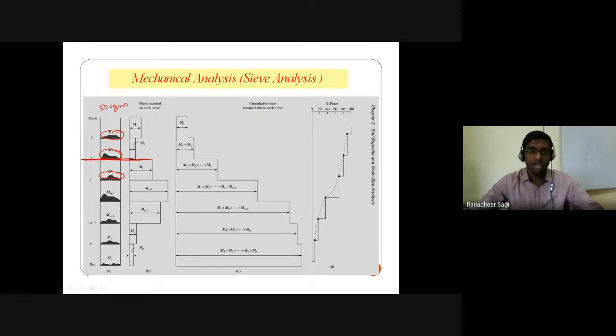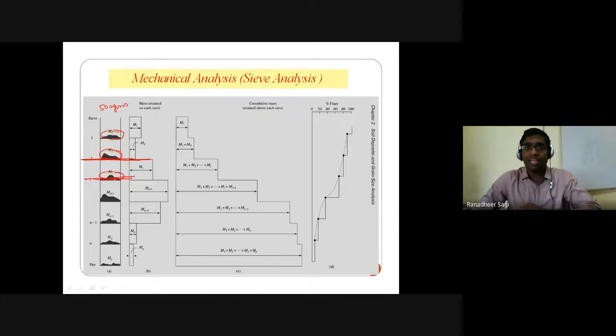Likewise, at the third sieve, the total quantity retained is the mass on the third sieve plus the second sieve plus the first sieve. Likewise, I can calculate till the bottom sieve.